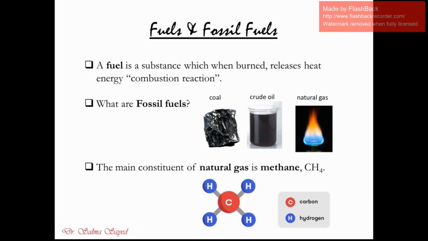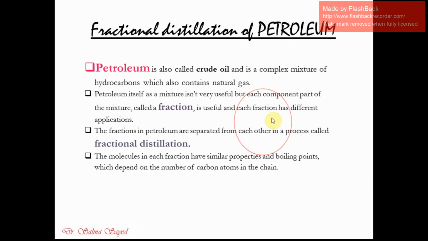One of the fossil fuels we've referred to is crude oil or petroleum. Petroleum is in fact a mixture of many hydrocarbons. So as a mixture, it isn't really very useful. However, when splitting it into its individual components or fractions, we can make a lot of uses for these fractions.